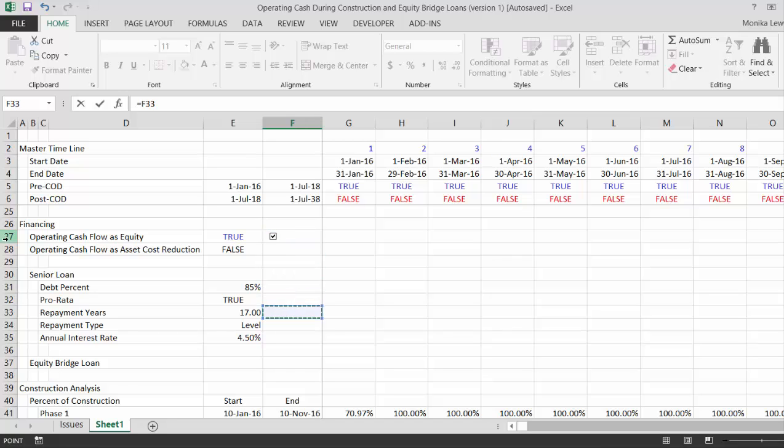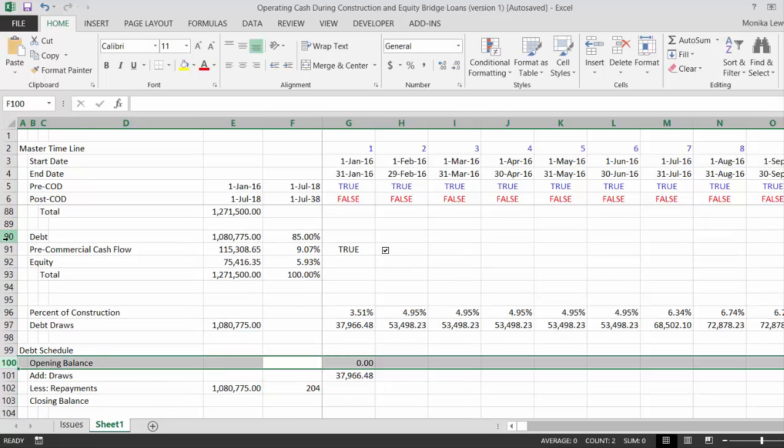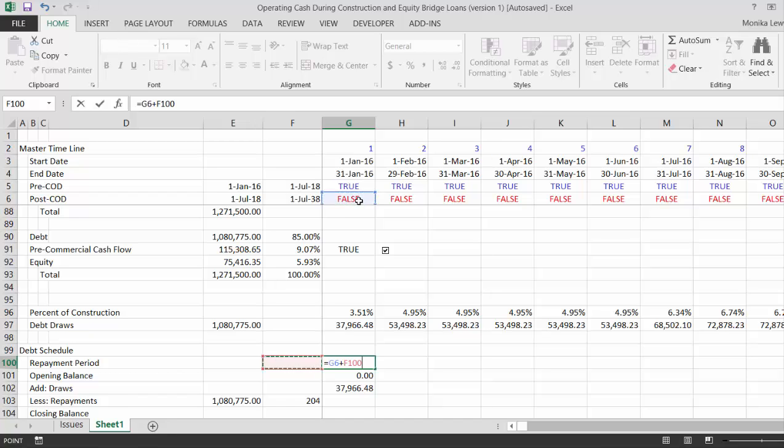So we've got our pro rata thing here. We've got a repayment type: 17 years times 12. I suppose we need a repayment period, and to do that, let's just take the pre-COD plus the last one.